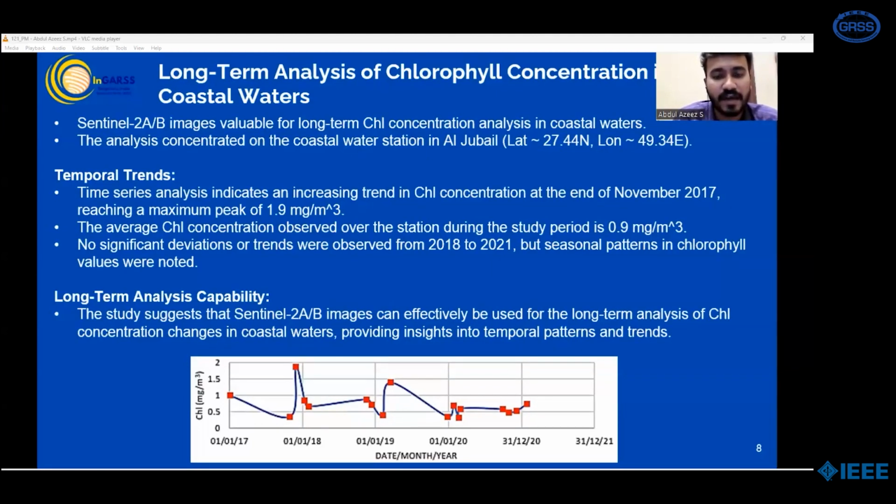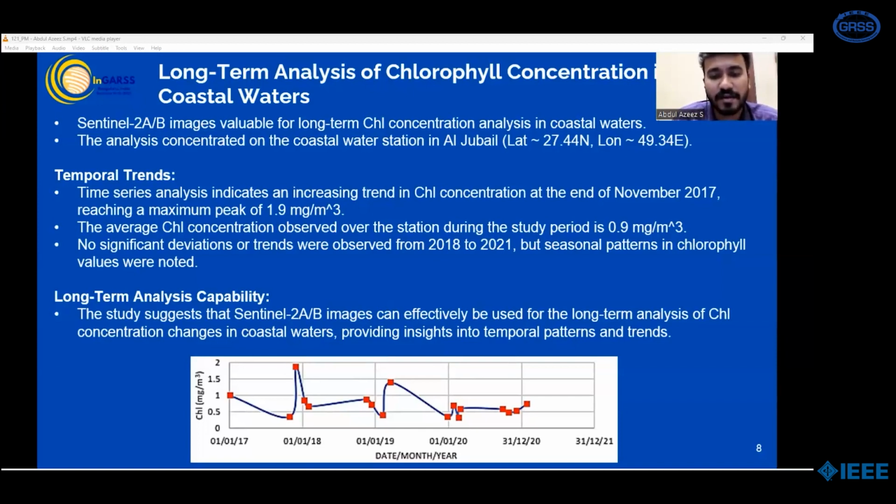The average concentration observed for this study is 0.9 milligram per meter cube. There are no significant deviations of trend from 2018 to 2021, but we have observed some seasonal patterns in chlorophyll values.